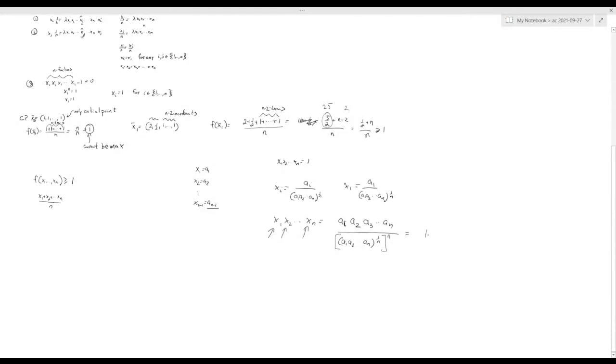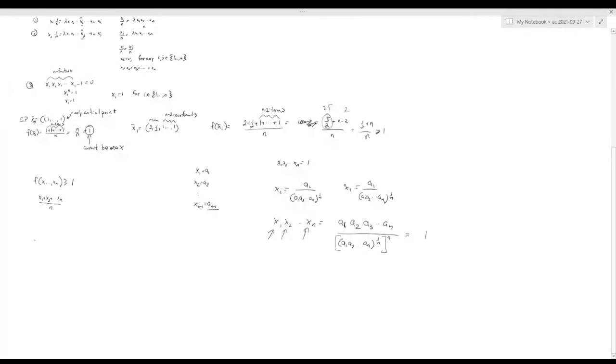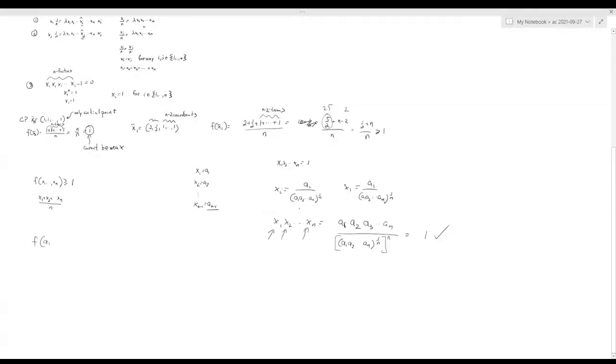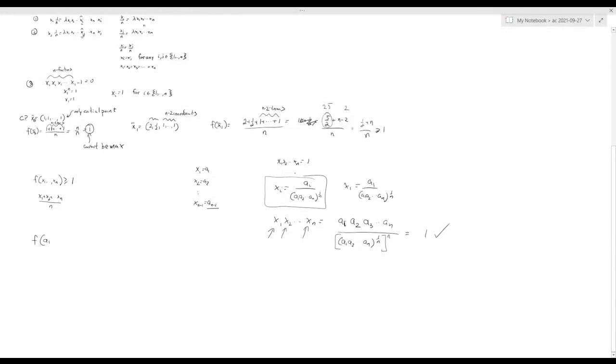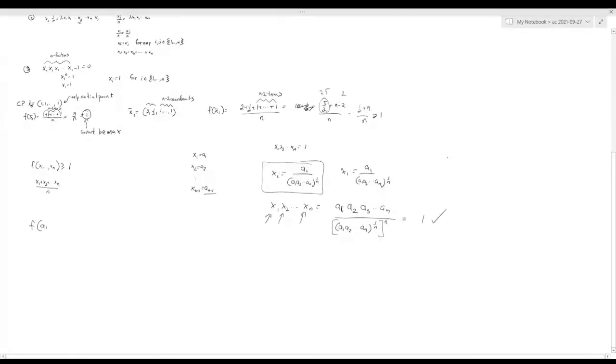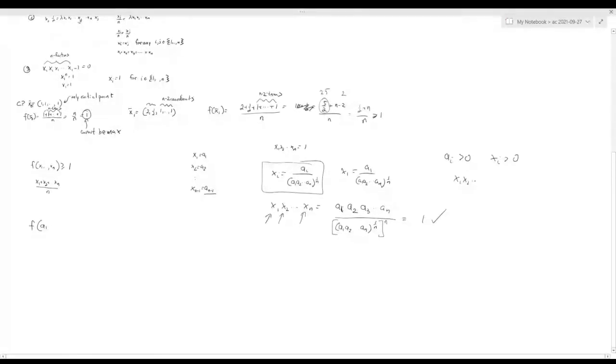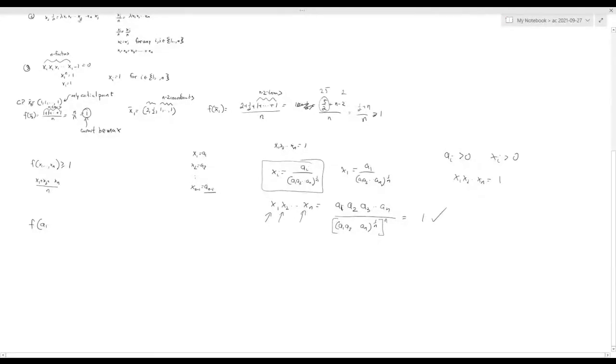Okay, so I think this is what we want to do. Why am I checking that this is 1? Well, because if we define the x's like so, and I'm assuming all the ai's are positive, so xi is positive, and also the product of these is 1 because I checked directly.